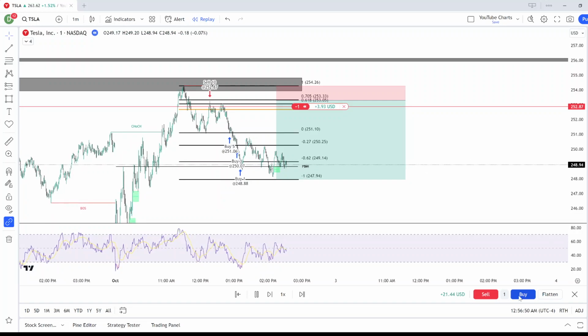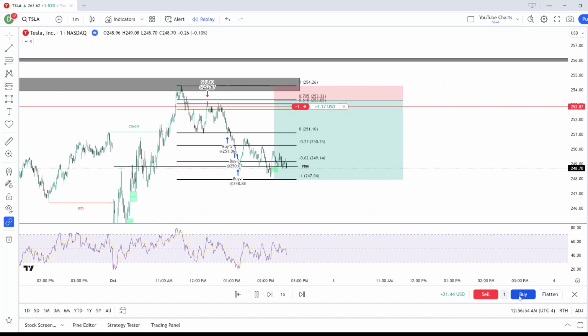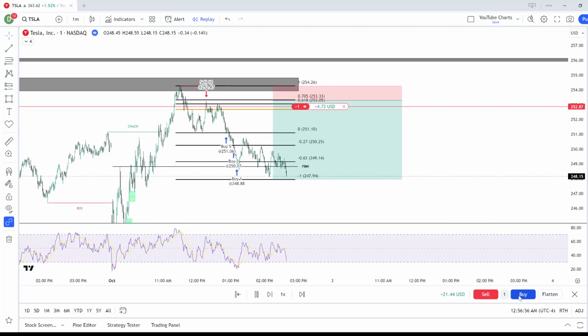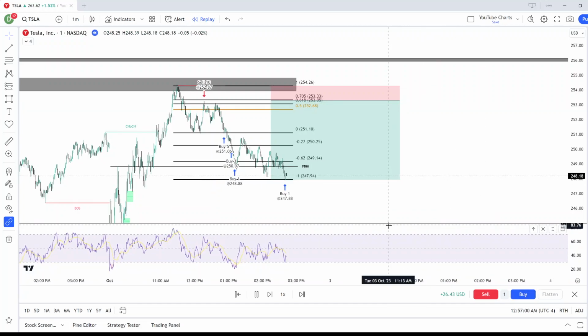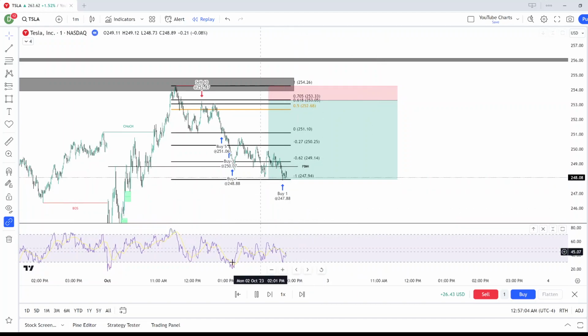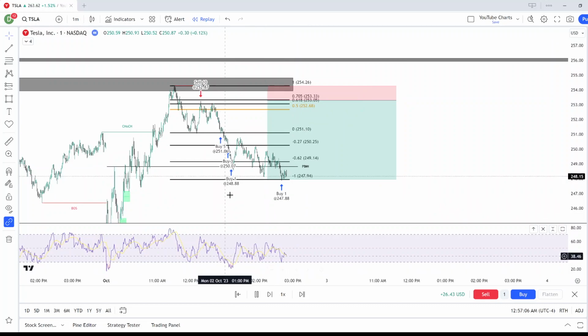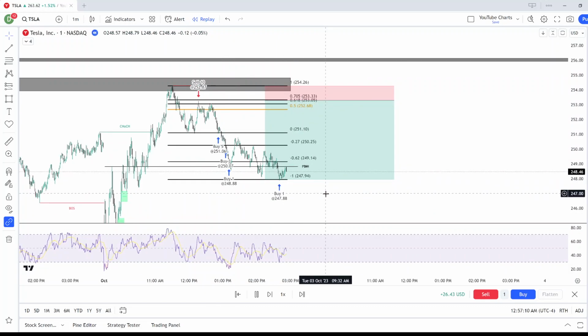And again, we're just waiting to see if that final symmetrical swing hits. Looking to set a lower low, and there we go. Okay, delivered right to symmetrical swing. Price tests, bullish divergence, slightly lower low, and that trade is done.